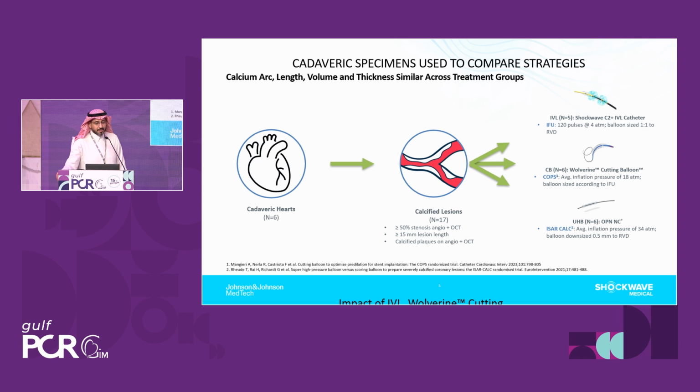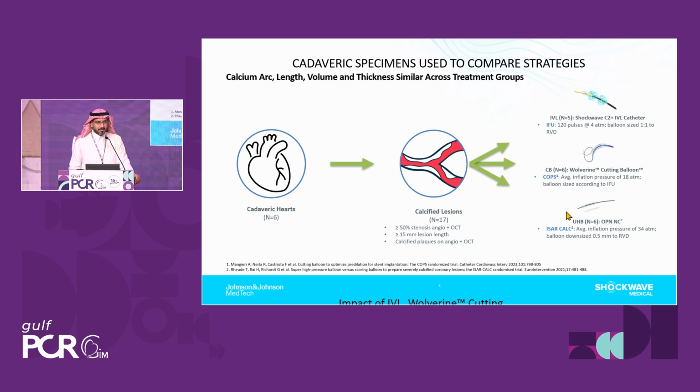So the cadaveric specimen used to compare strategy. They got 6 hearts, and in those 6 hearts there were 17 lesions, and the characteristics of the lesion: more than 50% stenosis on angio and OCT, more than 50 millimeter lesion in length, and calcified plaque on angiogram and OCT.